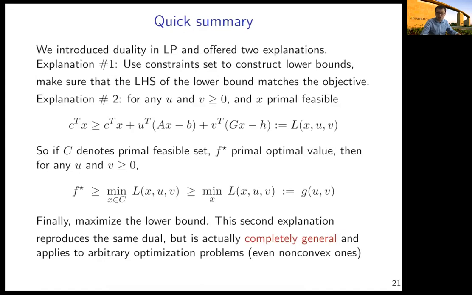One is to use lower bounds by combining linear combinations of the inequalities in the system of constraints, so that we can recover the coefficients of the objective function, and then if we maximize over those coefficients, we can construct the dual formulation of an LP. The second explanation is essentially equivalent, but a little bit more general.